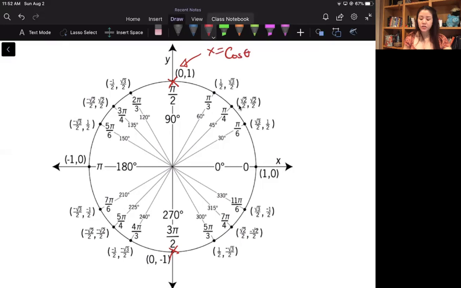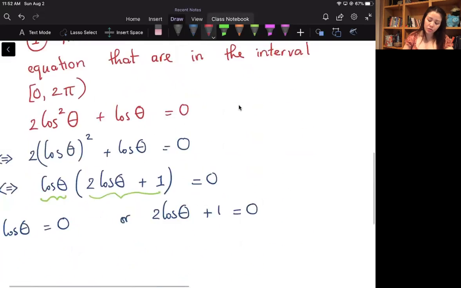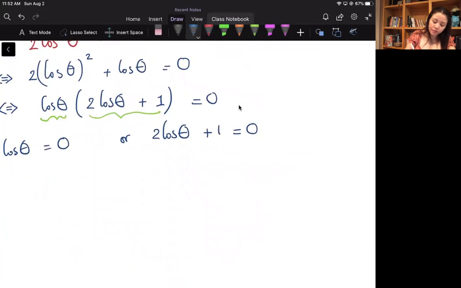It is equal to 0 at pi over 2 and 3 pi over 2, or 90 degrees and 270 degrees, but I'm going to use radians. So cosine theta equals 0 when theta equals pi over 2 or 3 pi over 2.